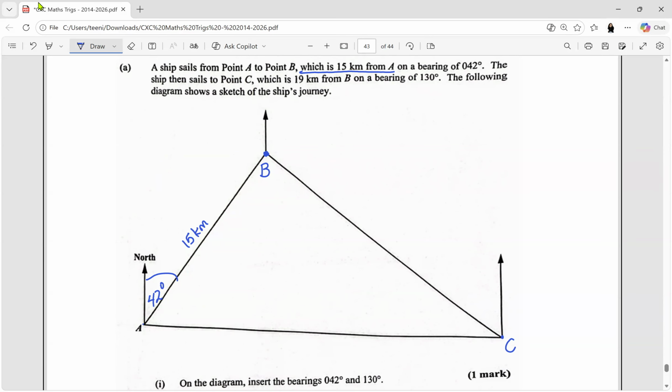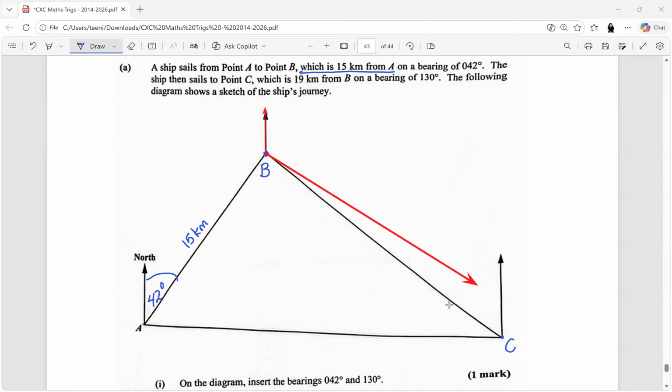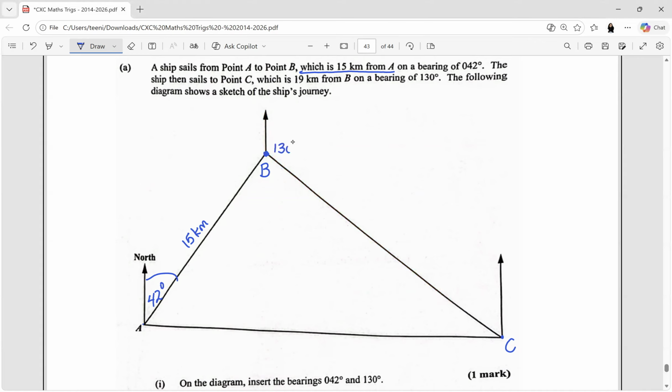If it's from B, again, it means you're starting at B. So the new north line that we are considering is going to be at B, and our bearing is this clockwise angle from B to C. So that angle is 130 degrees, because that's the clockwise angle between your north line at B and your line connecting B to C. And of course, they also told us that C is 19 km from B, so this distance here is 19 kilometers.